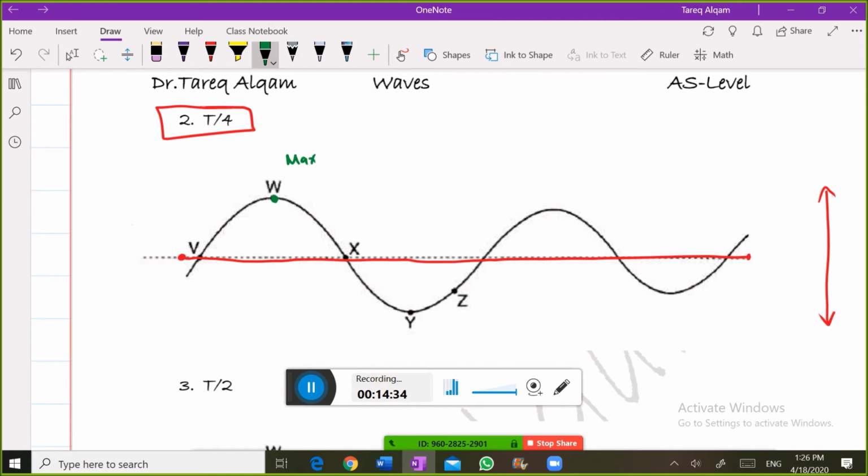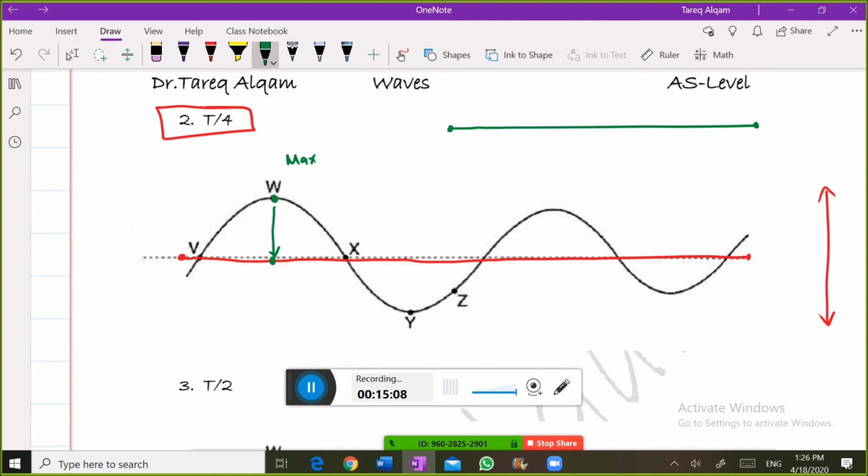After quarter cycle, guys, this particle becomes here. So I have to draw a line. Clear? Is this technique clear? Guys, consider one point. After quarter cycle, as I mentioned before, the maximum position of the particle becomes 0. So if I take a screenshot at quarter period, I will observe that the standing wave or the string is straight.